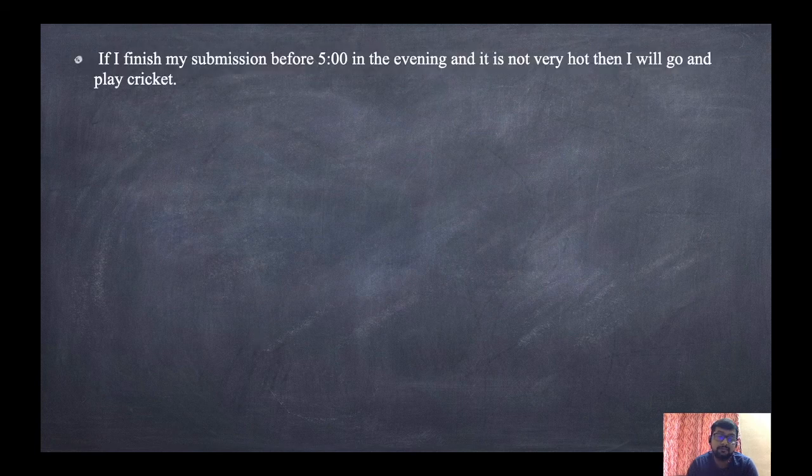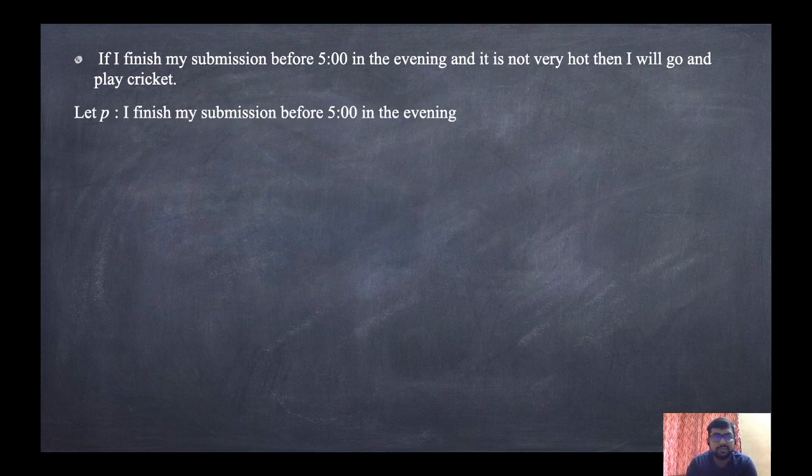Next one: if I finish my submission before 5 in the evening and it is not very hot, then I will go and play cricket. Just think about yourself, how many partitions will there be? I am also thinking. I think there will be four statements. First one, P, I finish my submission before 5 in the evening. Q, it is very hot.